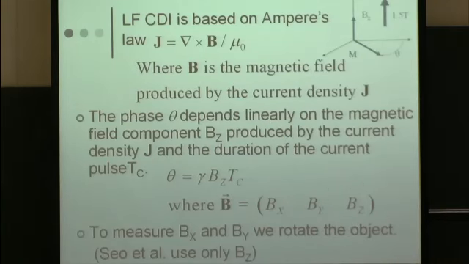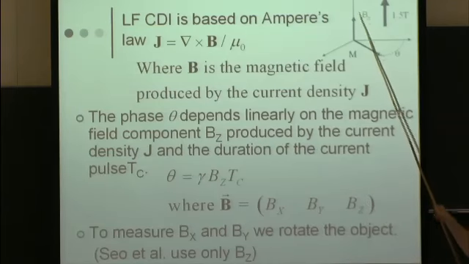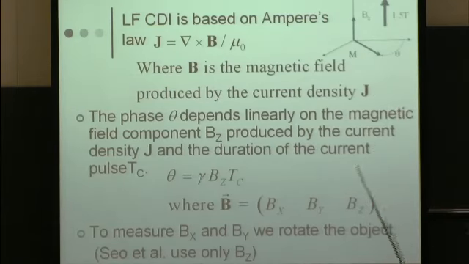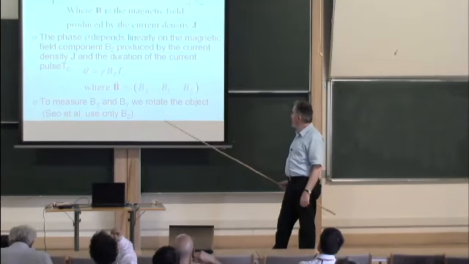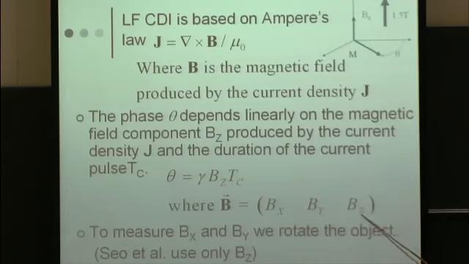Now, this is easier said than done, because only the component Bz along the huge magnetic field makes a difference in what you see in the speed up. And if you only know this part of a magnetic field, it's kind of hard to compute the curl.